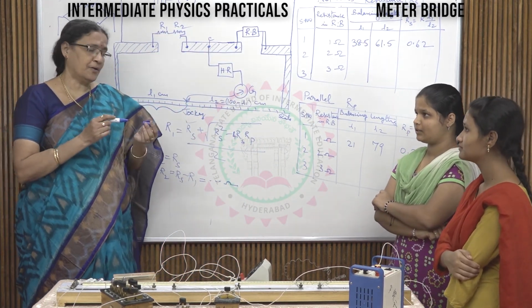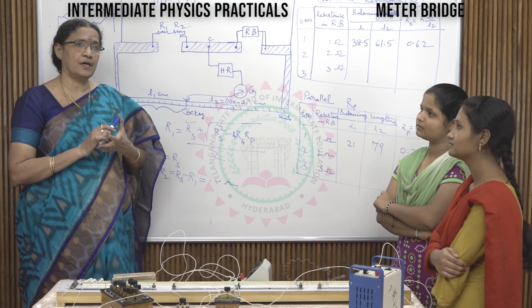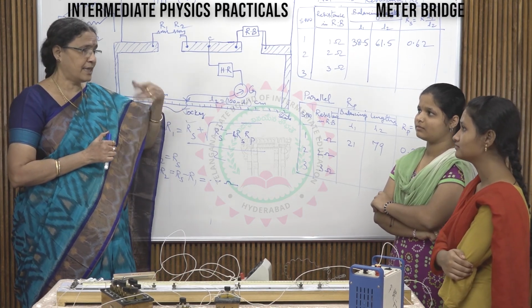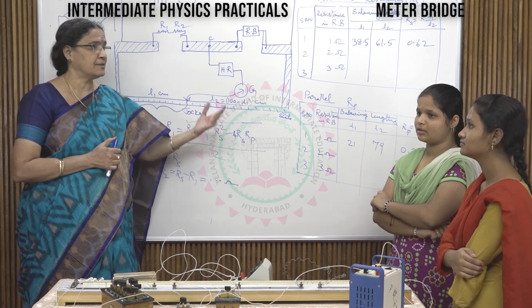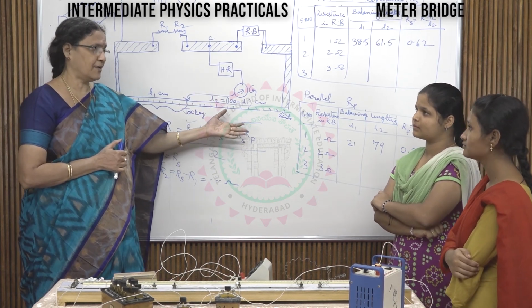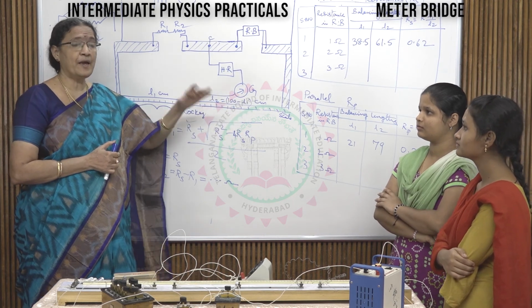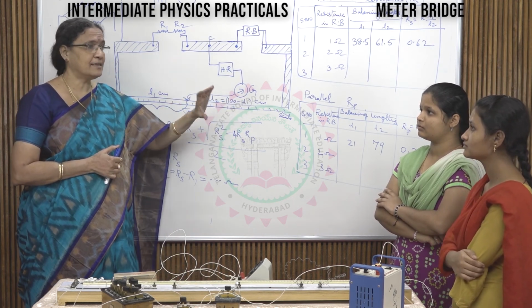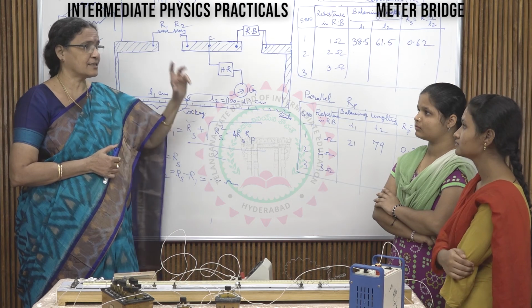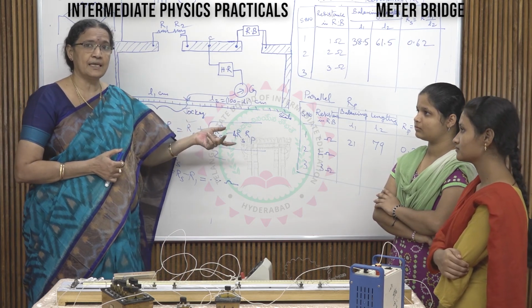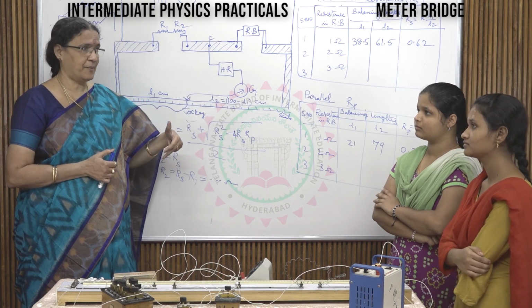So in examination you have 2 different questions on this meter bridge. They may ask you to find out the specific resistance of the given wire, what we have done earlier, or you will be asked, find the individual resistances of the given 2 wires, first by connecting them in series and then by connecting them in parallel.